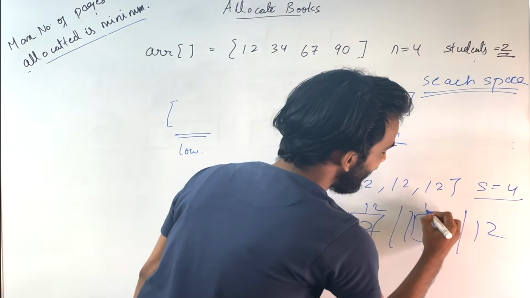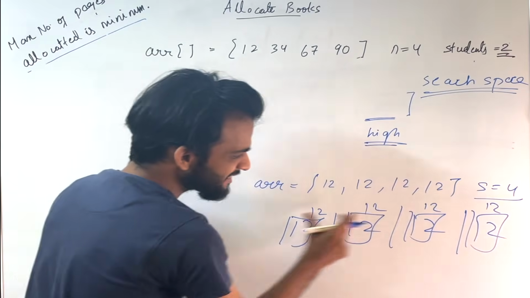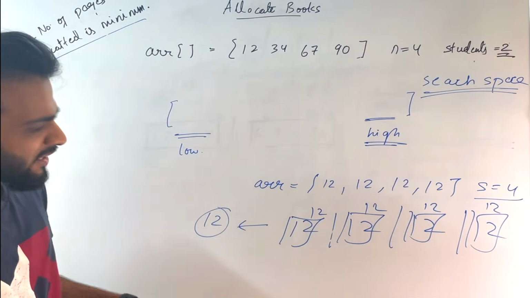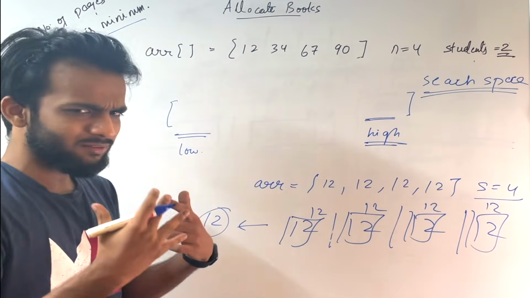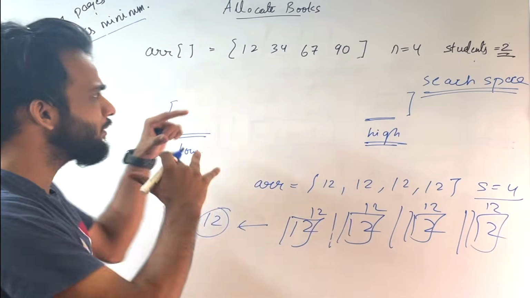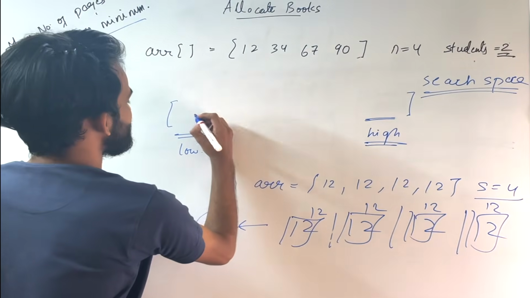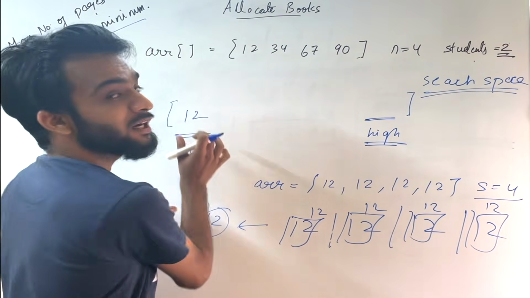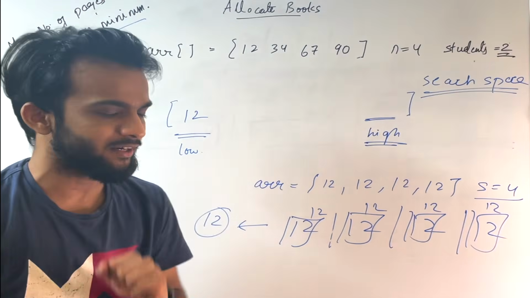The maximum of them is 12, and that's the minimal possible. Hence, at the worst case, the minimal answer can be 12. It cannot go beyond that. I hope you have understood that, right?